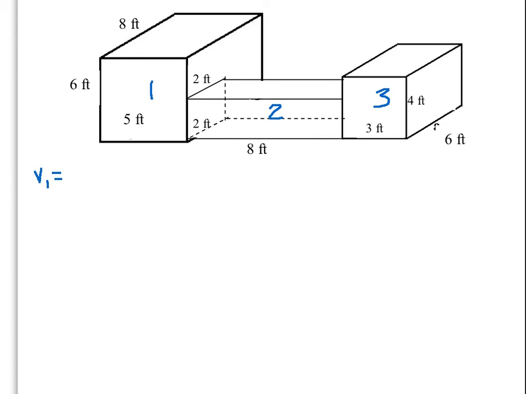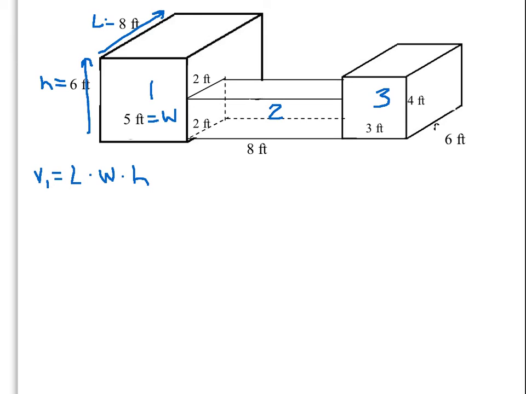So if I want to find the volume of room number 1, what is the shape of room number 1? Michaela? Rectangular prism, so our equation is length times width times height. So let's go ahead and label those things on our plot. I think about 6 as my height, 8 as my length, and 5 as my width.